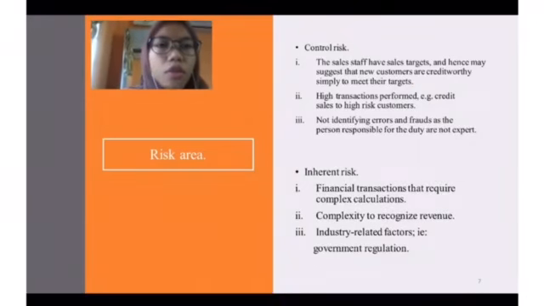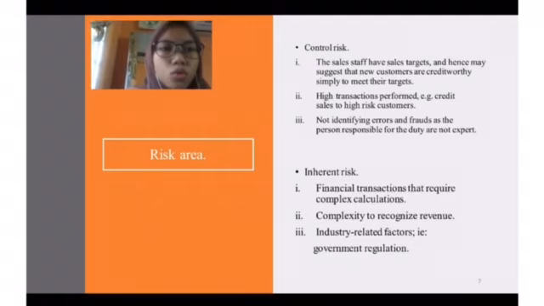Okay, so the risk area that exists in the revenue cycle is divided into two types of risk, which is control risk and inherent risk. For the control risk, the sales staff have sales targets and hence may suggest that new customers are creditworthy simply to meet their targets. The next one is high risk transactions performed.